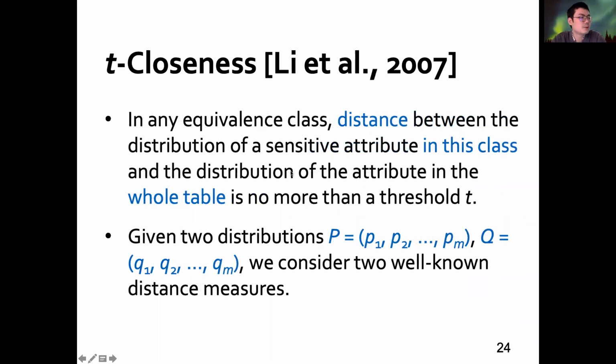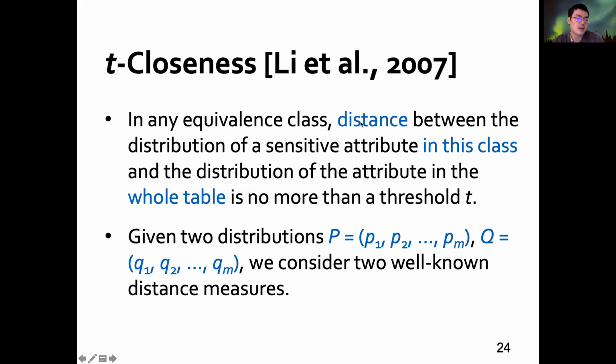And so here's the definition of T-closeness. In any equivalent class, the distance between the distribution in this class, meaning the cube level, and the distribution of the entire table should be no more than a threshold T. So here we again need a distance metric for two distributions. One is the distribution of the disease for the entire population in your table.